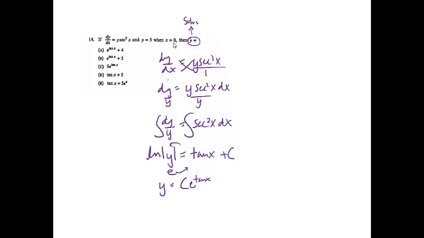And now they did give me some initial conditions. They told me that when y equals 5 when x equals 0. So I'll have 5 equals c e to the tangent of 0, and I know that the tangent of 0 is equal to 0, and then e to the 0 is 1, which means c equals 5. So my final answer is going to be y equals 5 e to the tangent x, which is choice C.